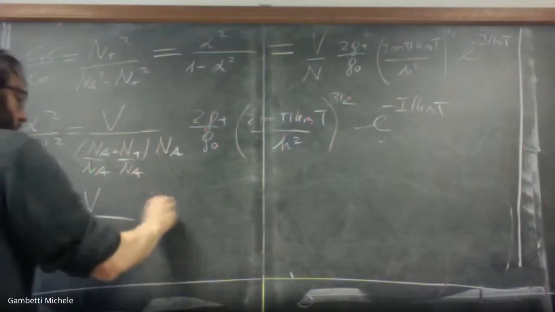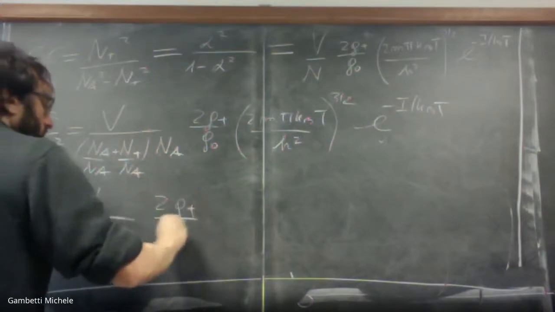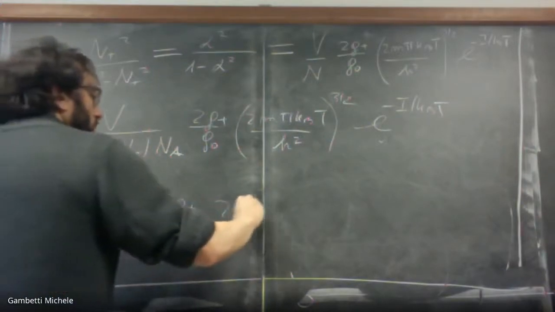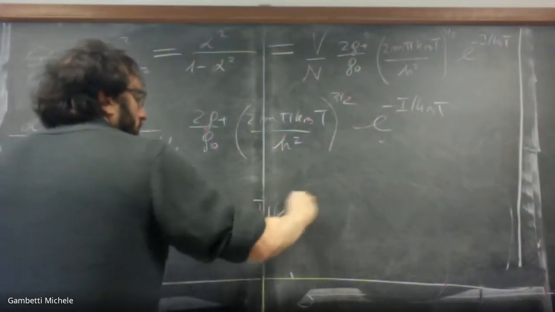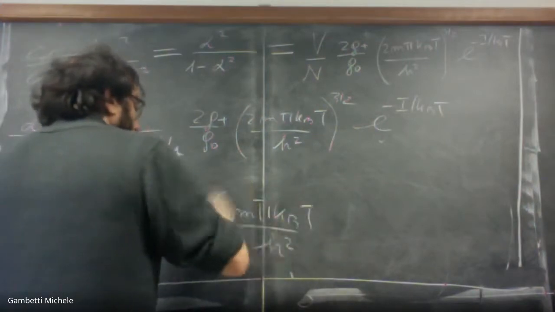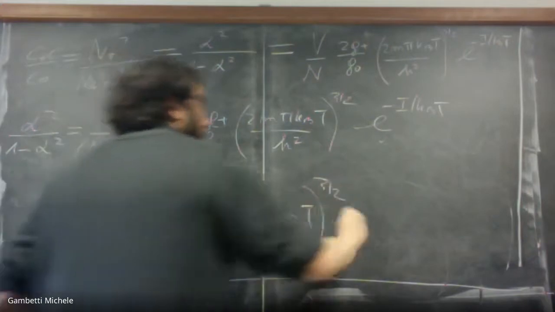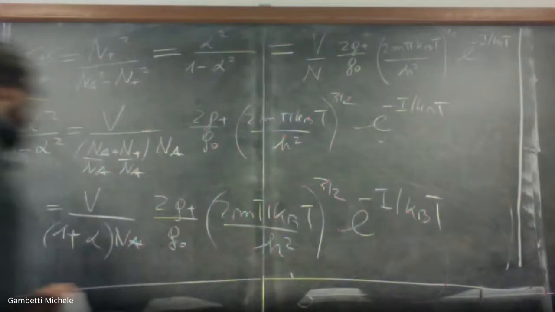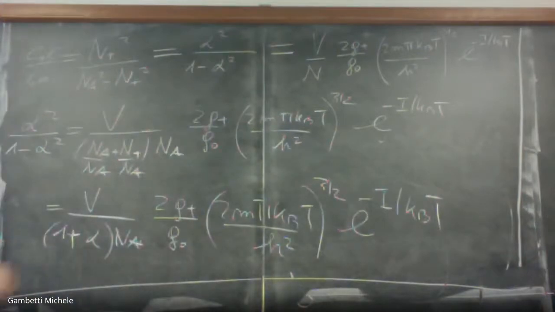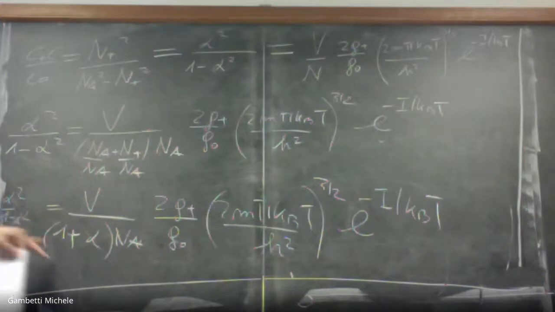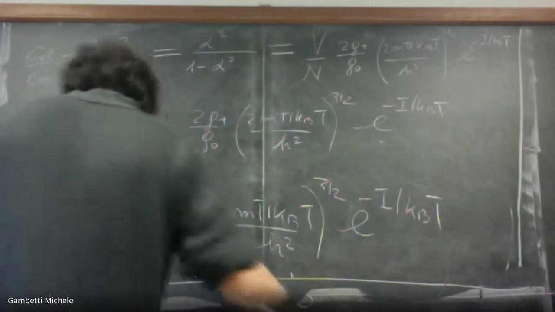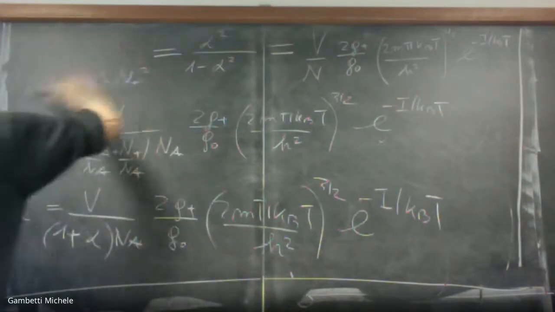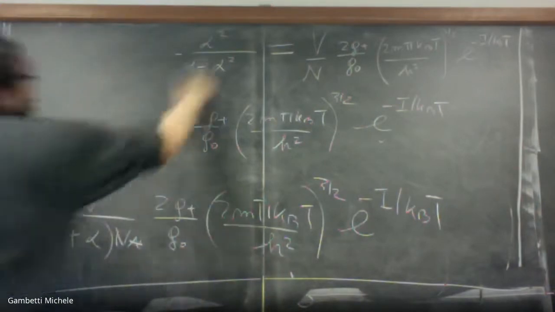Then the rest is the same, 2g plus g0, 2 m pi kBT over h squared to the power of 3/2, exponential of minus I over kBT. And at the end, this is alpha squared over 1 minus alpha squared, I can remove a factor of 1 plus alpha, and I get the final equation, which is the following.